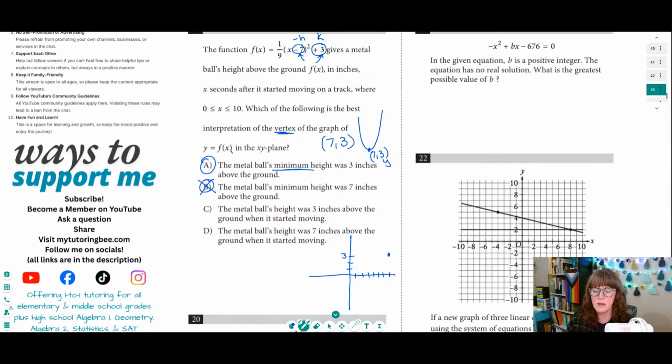So right here, they told us that X is the seconds that it took. So it took 7 seconds for it to reach 3 inches. So the Y coordinate is the inches above the ground. So A looks like the correct choice for that one.